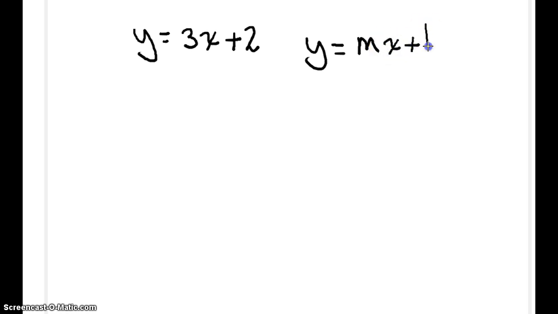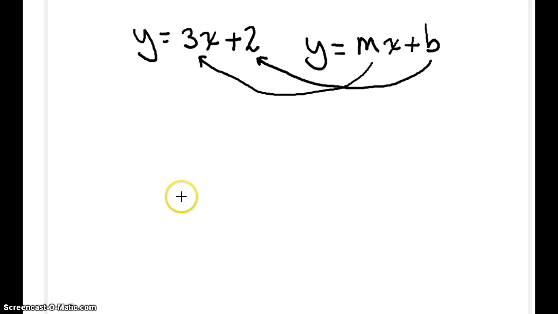And so what this says is, if we write an equation in the y equals mx plus b form, whatever that number is will always be the slope, and whatever this number is will always be the y-intercept.